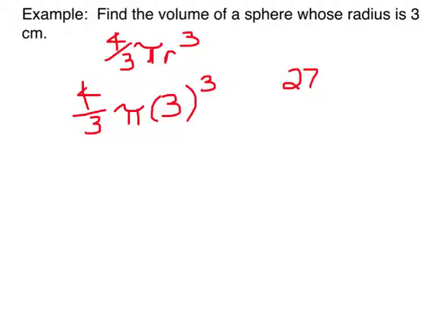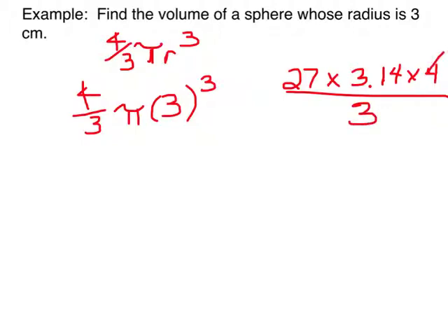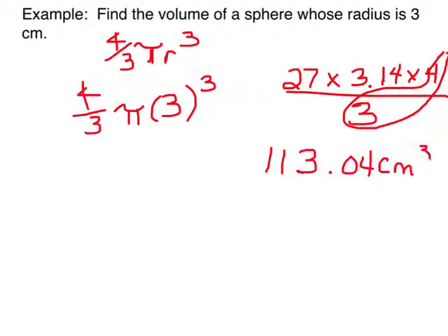So I'm going to say 27 times 3.14 times 4, and then divide all that by 3 because of the 4/3. When I do all that on my calculator, my answer will be 113.04 centimeters cubed because it's volume.